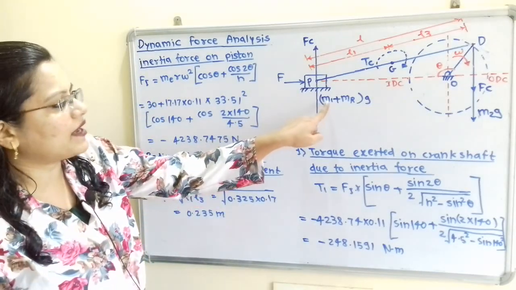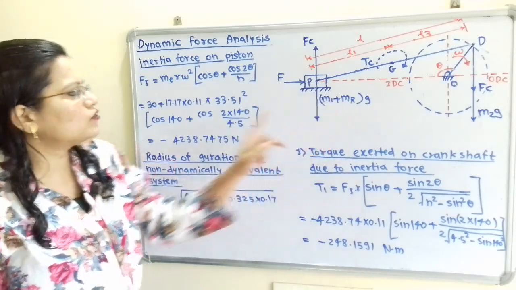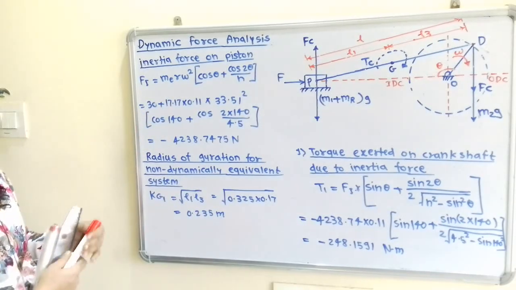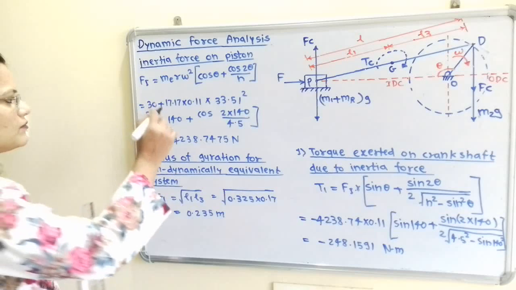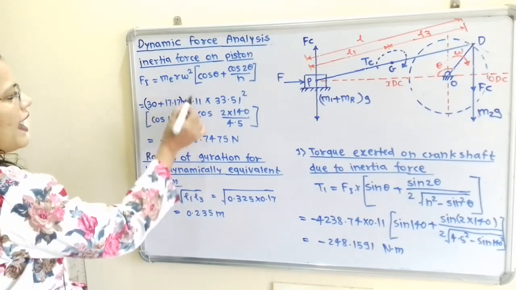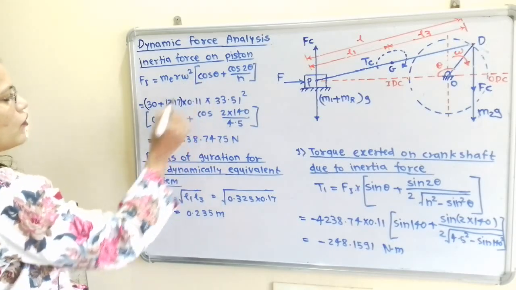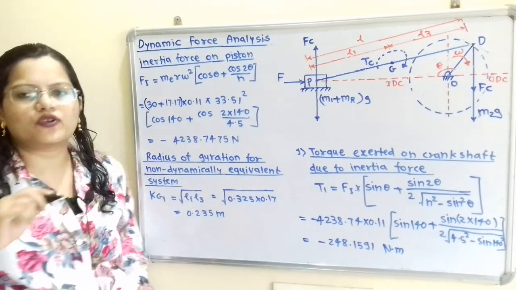Because equivalent mass means this m1 plus mr. So we have to add these two masses, 30 plus 17.17. So this addition of the two masses is the equivalent mass. So I will take here the bracket, multiplied by r, 0.11, omega square, 33.51 square, cos of 140 plus cos of 2 into 140 by 4.5.